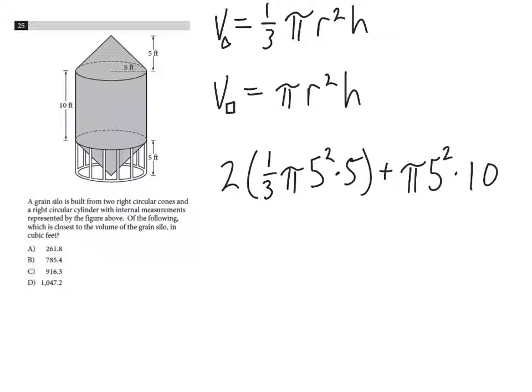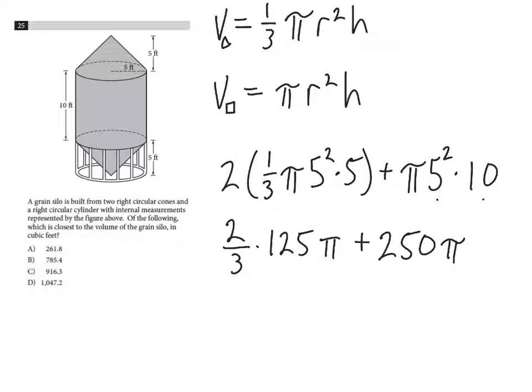so what we're going to have here is, I'm going to distribute that 2/3. That's really going to be 5 to the 3rd, which is 125 pi, plus it's going to be 25 times 10. That's 250 pi. And then we're going to have 2/3 of 125. Now let's do that on my calculator.